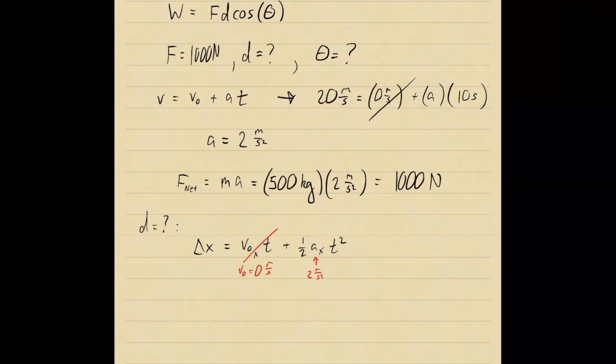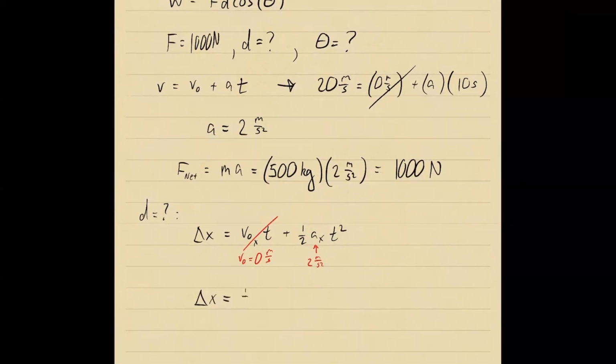So our displacement is equal to 1/2 times our acceleration times time squared. So this is equal to 100 meters.